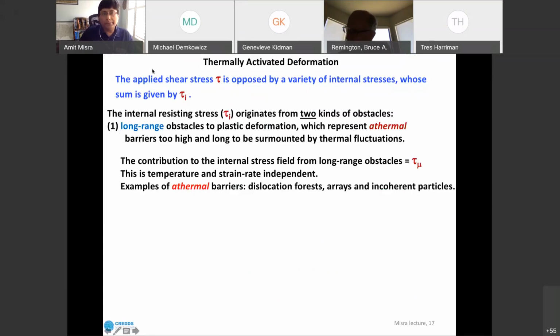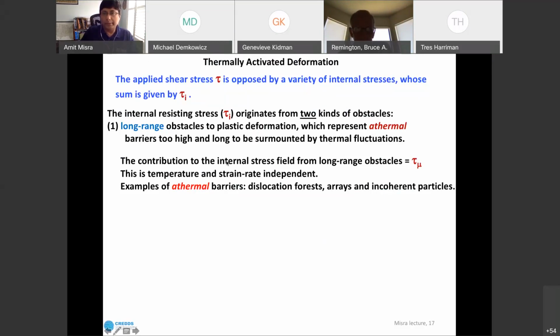Now, this internal stress, tau sub i, can be divided into two categories, or it originates from two kinds of obstacles. One is the long-range obstacles to plastic deformation. And since these are long-range over larger length scales and high enough barriers, they cannot be overcome by thermal fluctuation. So these kinds of obstacles are referred to as athermal obstacles or athermal barriers.